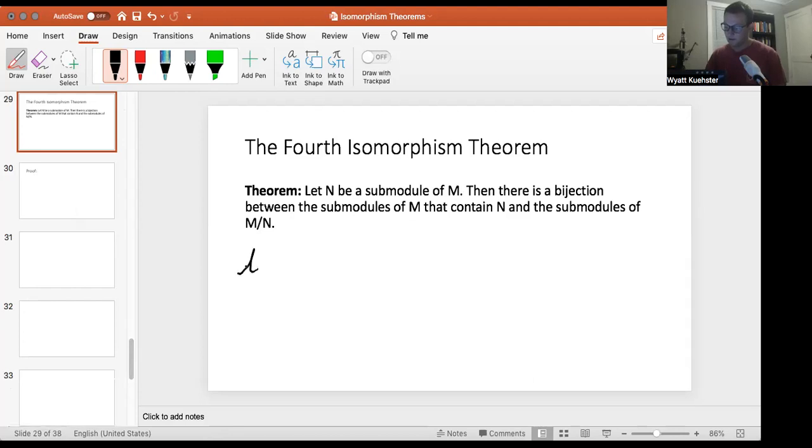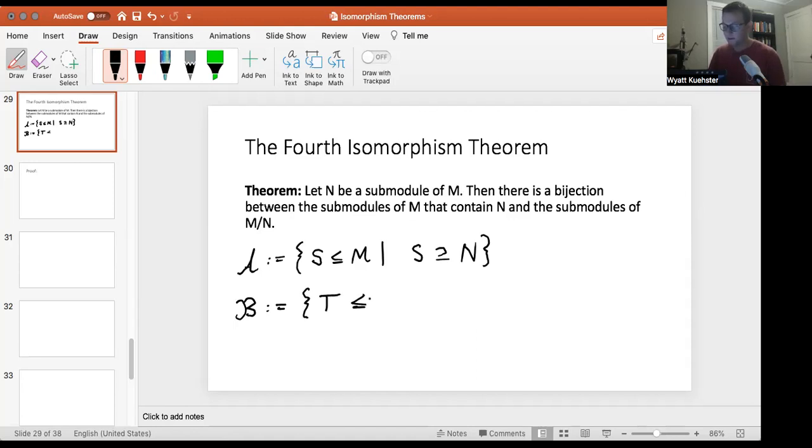Let's call fancy A the set of all the submodules of M that contain N. So A is going to be all of the S, submodules of M, such that S contains N. And then I'm going to call fancy B the set of all the submodules of M mod N. So it's going to be the T, submodules of M mod N. And these script A and script B are just sets, right?